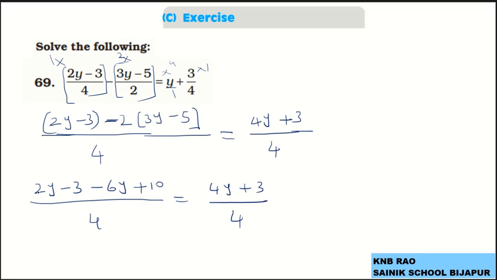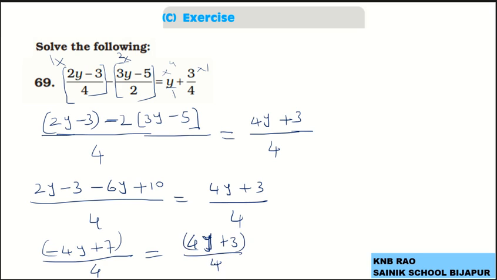Now children, this 2y minus 6y is simplified, gives you minus 4y. Minus 3 plus 10, they are like terms, their simplification is plus 7, upon this 4, equals 4y plus 3 whole upon 4.